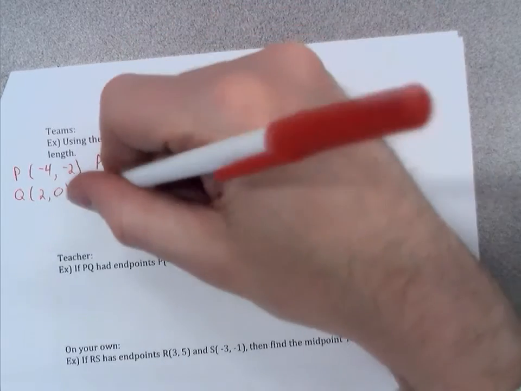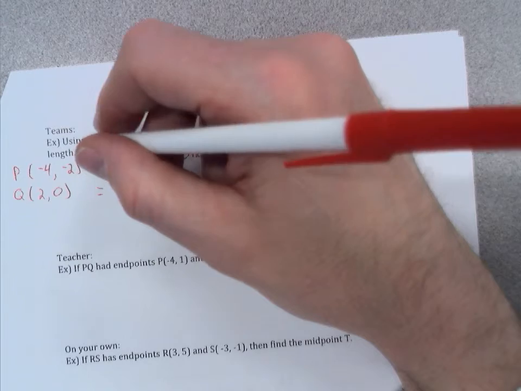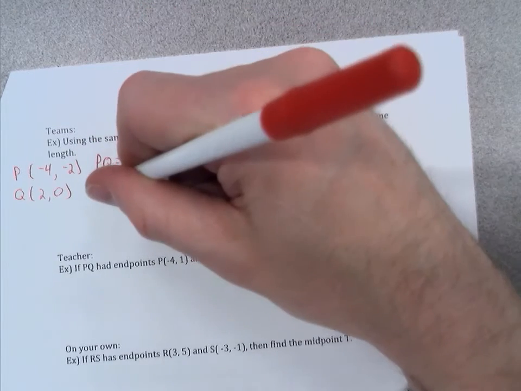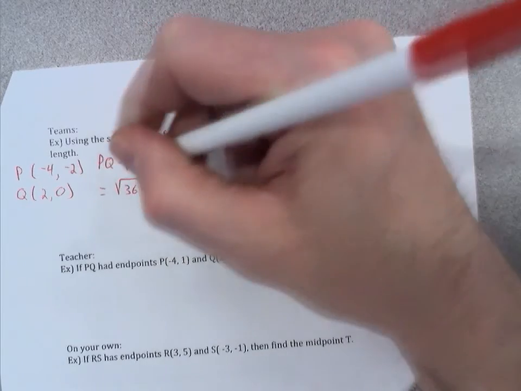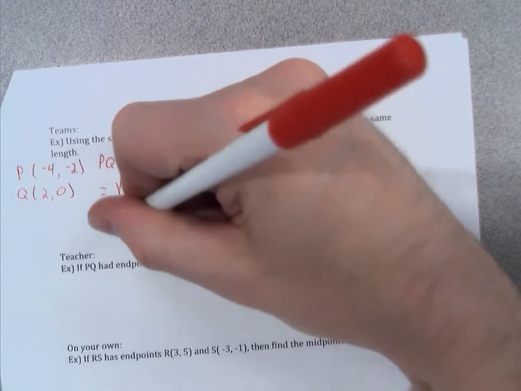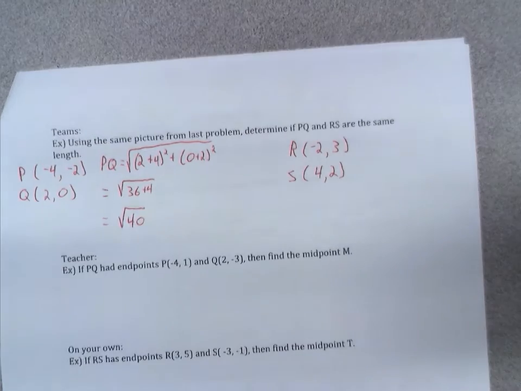Take the square root of that. And that is going to equal the square root of 36 plus 4, which equals the square root of 40.